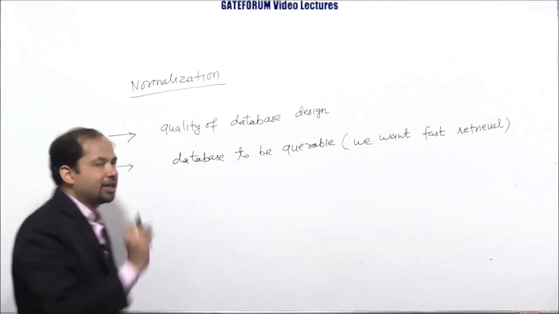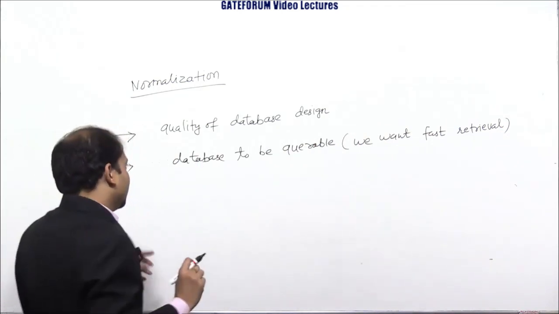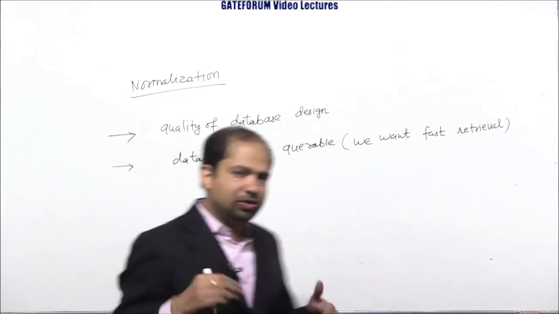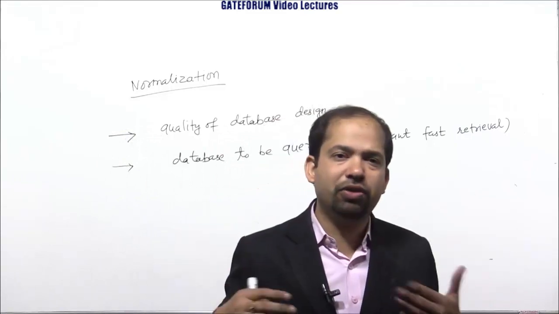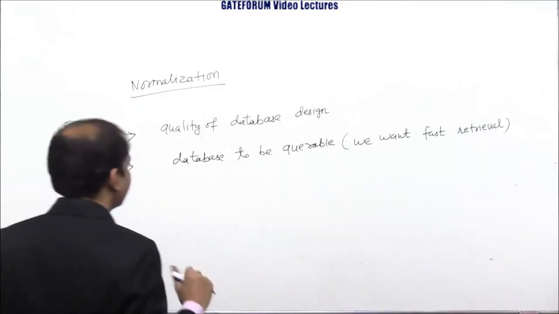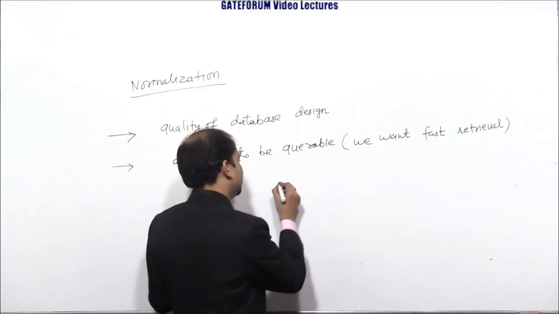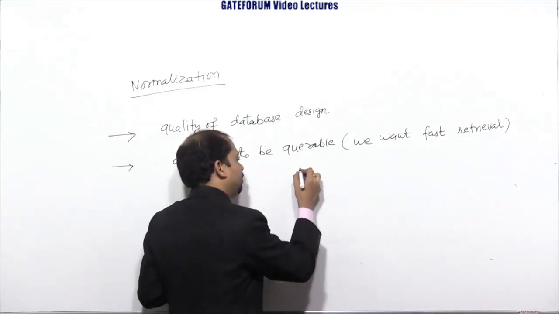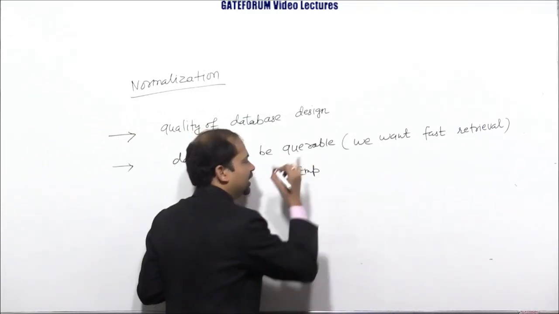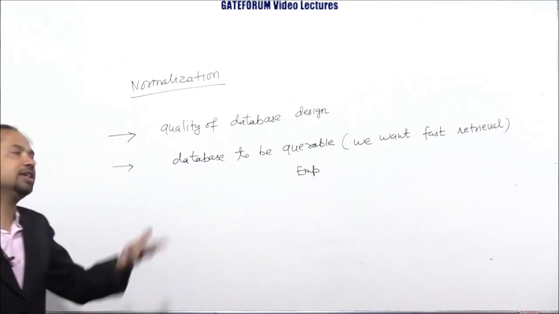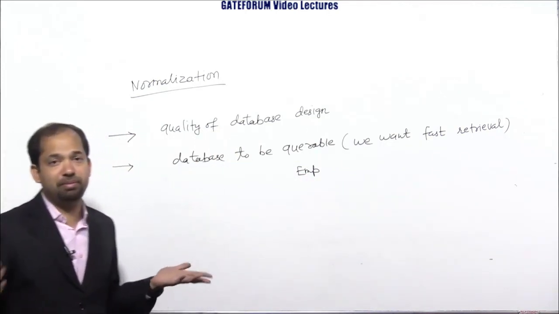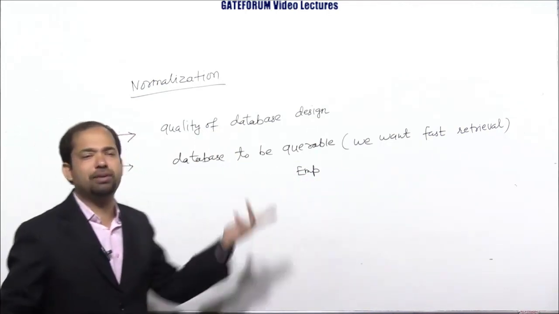Suppose I am giving you an example. If you store the database, it is not necessary that it is queryable, meaning you can query everything. The problem is like this. For example, let's have an employee database, of any organization, maybe like Adobe or Paytm or any organization.